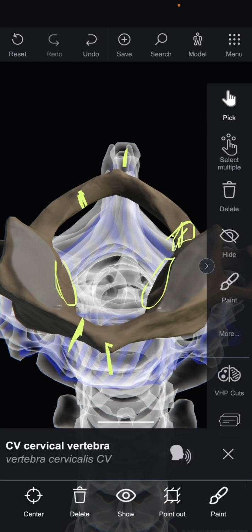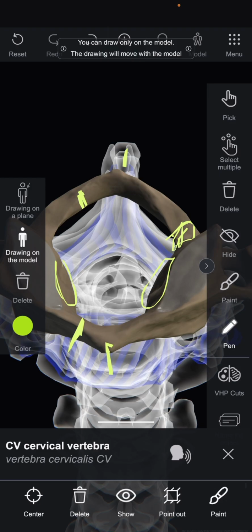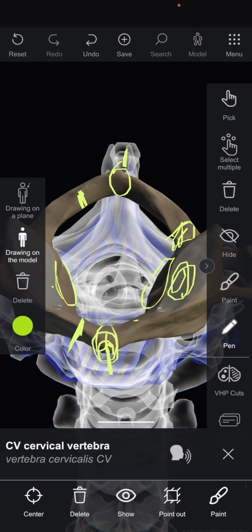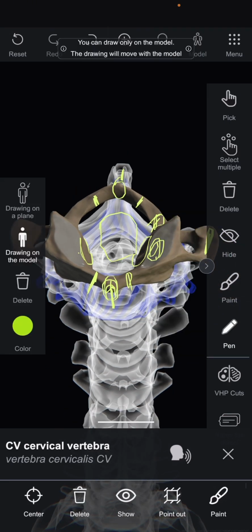Again, we are going to repeat all the formations. First, we have no body, no corpus. Then we have the superior articular process on both sides. We have the anterior tubercle, posterior tubercle, anterior arcus, posterior arcus, vertebral foramina, and the transverse processes.